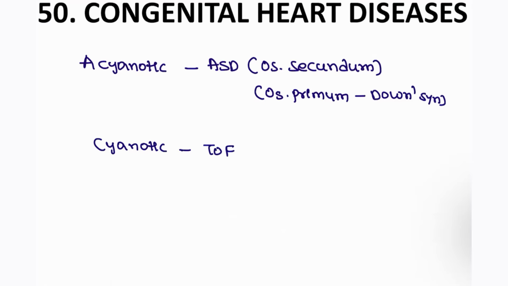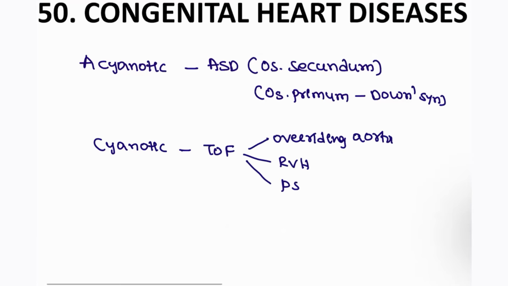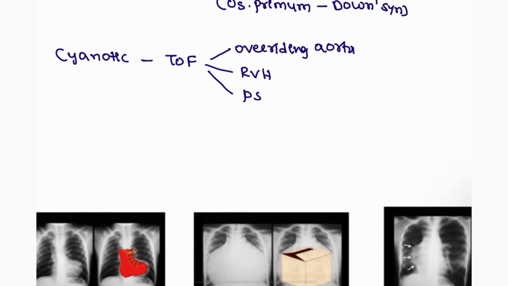And tetralogy of Fallot has specific features, guys. What are the specific features of the tetralogy of Fallot? You are going to see the patient will have an overriding aorta, along with right ventricular hypertrophy, pulmonary stenosis, subpulmonary stenosis, or we can also add the ventricular septal defect.